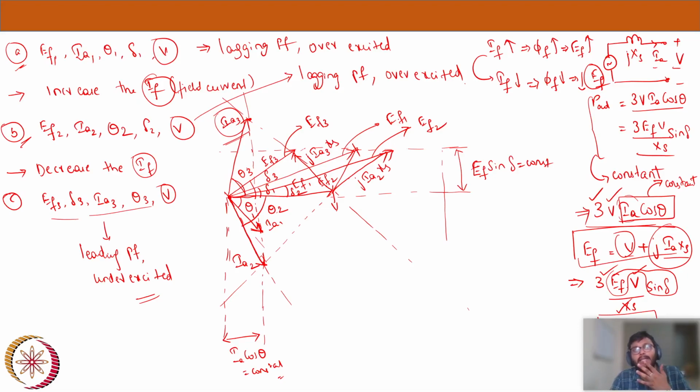By seeing the phasor diagram we can say that for a synchronous generator in the under-excited condition the power factor would be leading. For a synchronous generator in the over-excited condition my power factor will be lagging.